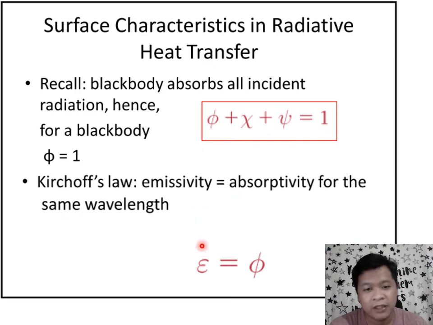Also, a clarification, emissivity here is equal to absorptivity for the same wavelength. So the amount of light emitted is proportional to the absorptivity of your substance or material rather.